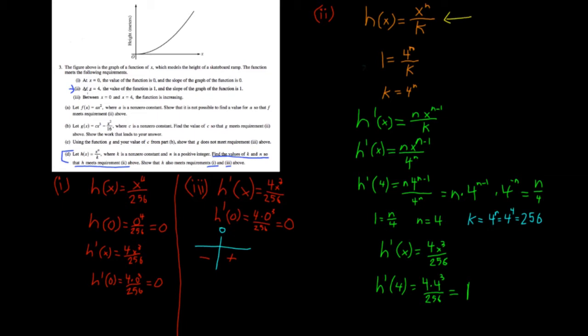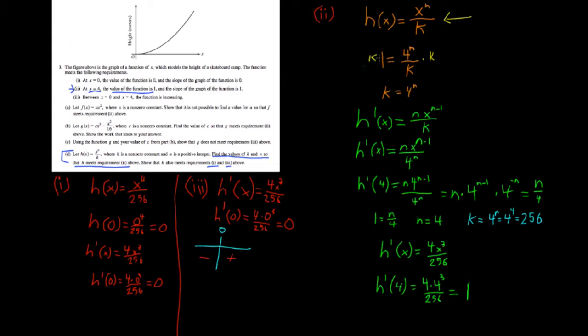And since x is equal to 4 and the value of the function is 1, we just do 1 is equal to, we plug in the 4 for x, 1 is equal to 4 to the n over k, and to solve for k we just multiply both sides by k.